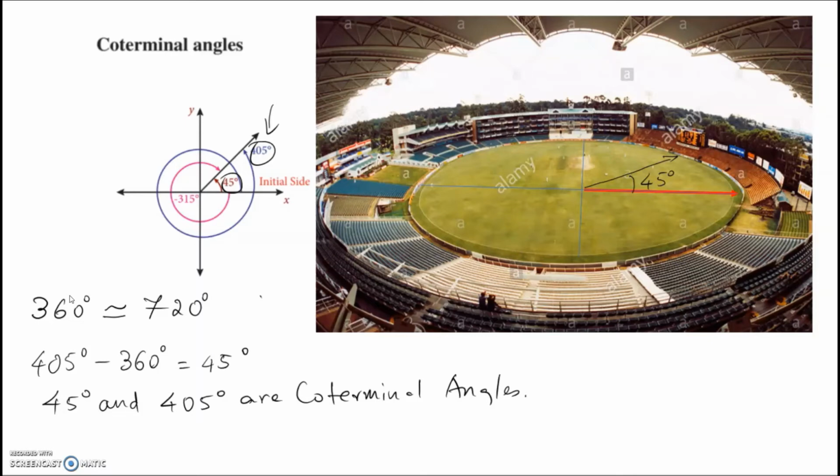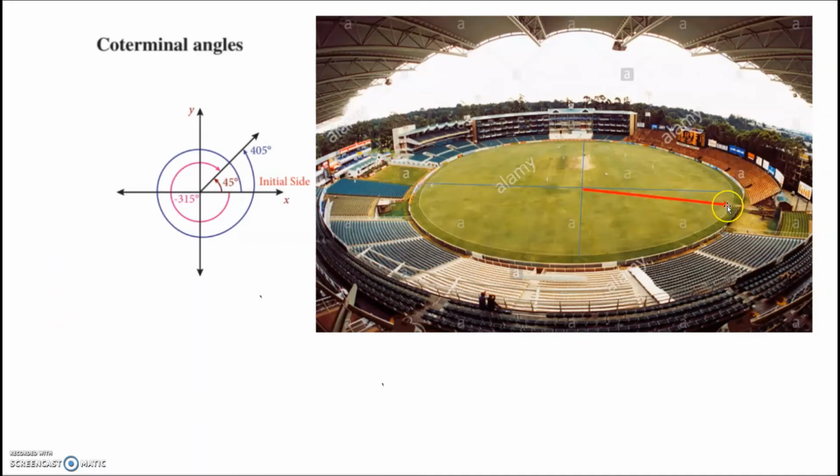So for any particular point, if there are many rotations, you can add those rotations and whatever is extra, and you can have a coterminal angle corresponding to it between 0 and 360 degrees. Then another aspect of this is negative angles.